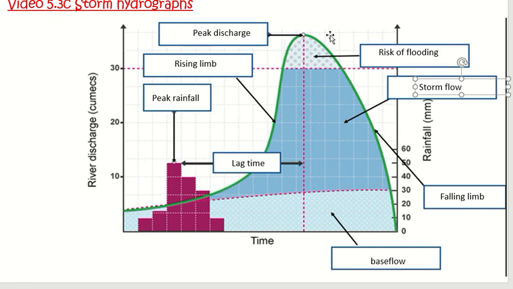Your risk of flooding is highest when the discharge is highest, and the base flow is the flow that's not affected that much by your peak rainfall event. It's still affected a little bit, but nowhere near as much as your overland flow and surface runoff that makes its way into the channel.